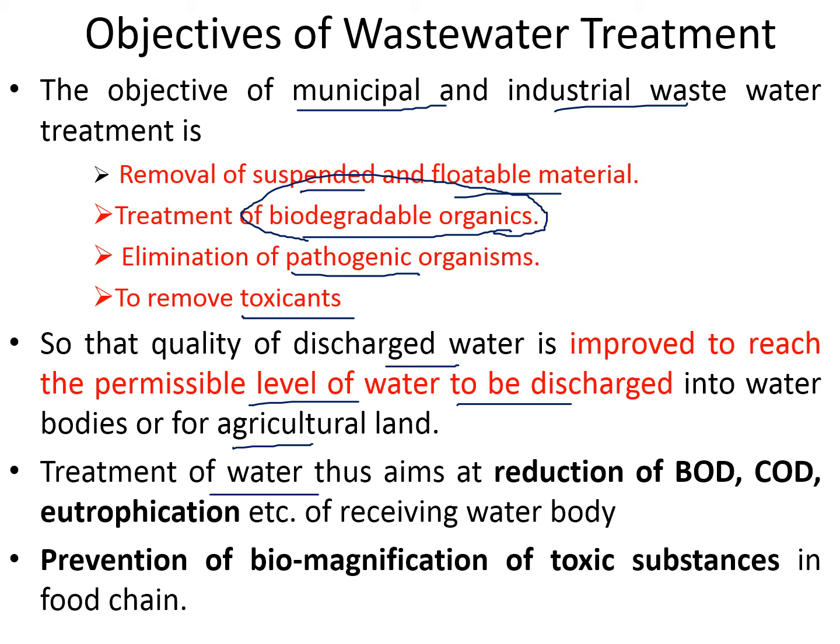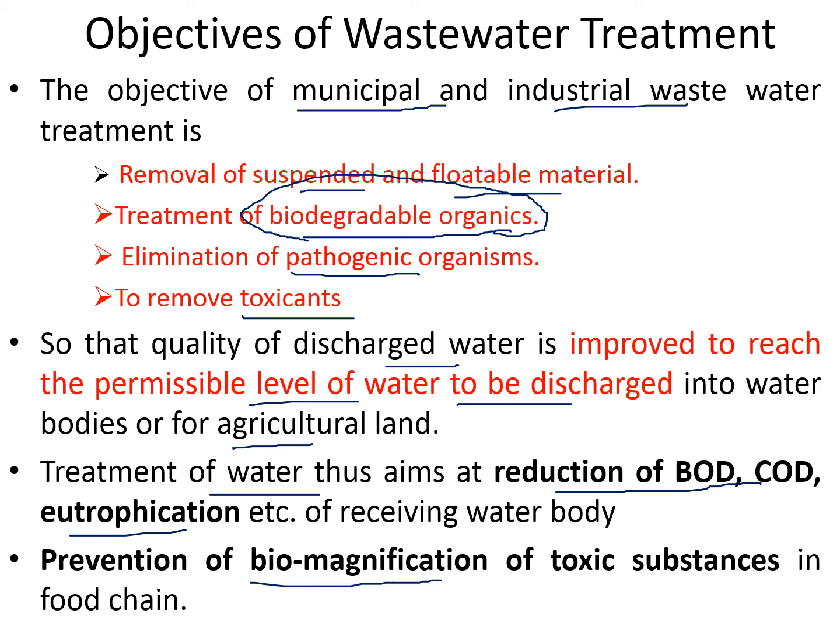So basically treatment of wastewater aims at the reduction of BOD and COD. Also it should not happen that it is responsible for eutrophication, meaning it should not enrich the level of nutrients in your receiving water body, otherwise it will result in eutrophication.